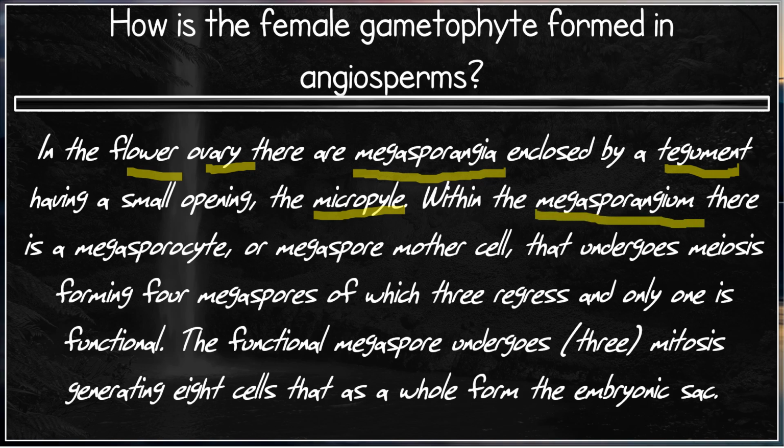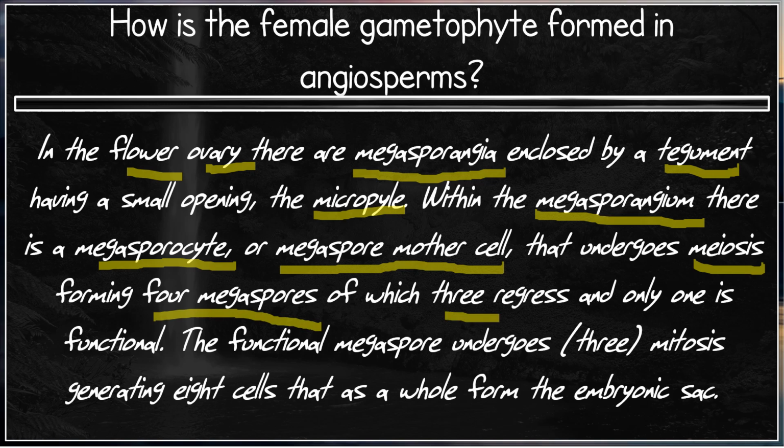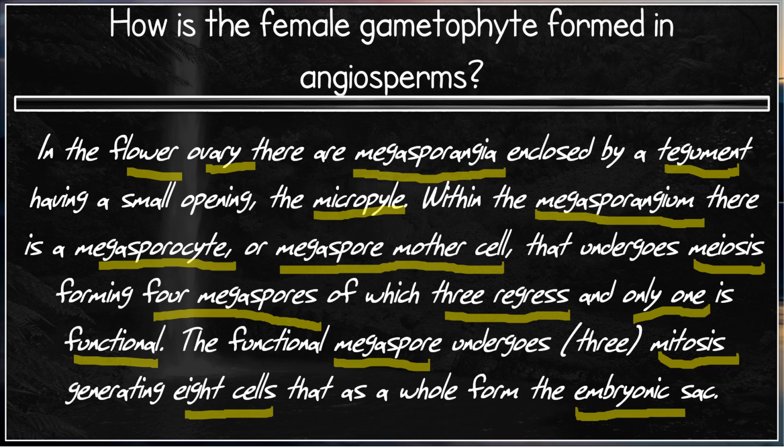Within the megasporangium, there are megasporocytes or megaspore mother cells that undergo meiosis, forming 4 megaspores, of which 3 regress and only 1 is functional. The functional megaspore undergoes 3 mitoses, generating 8 cells, that as a whole form the embryo sac.